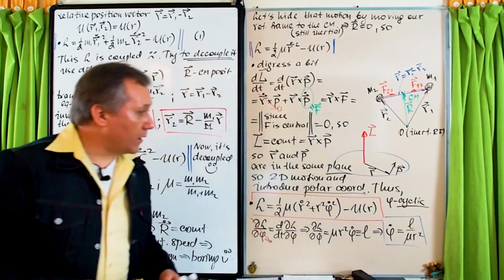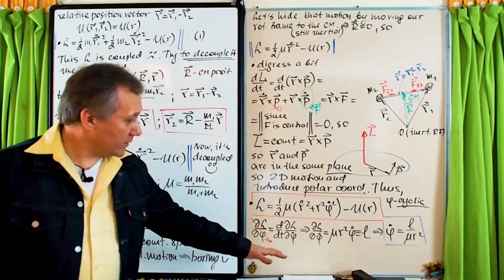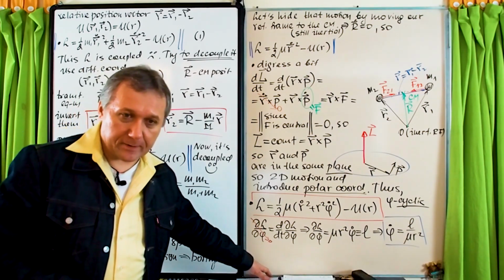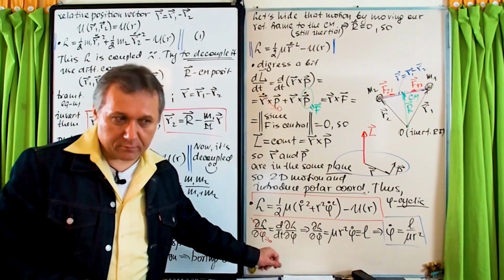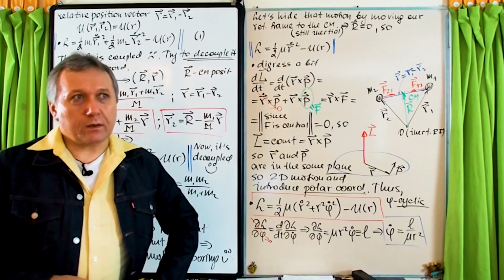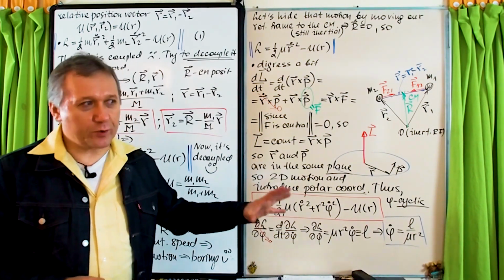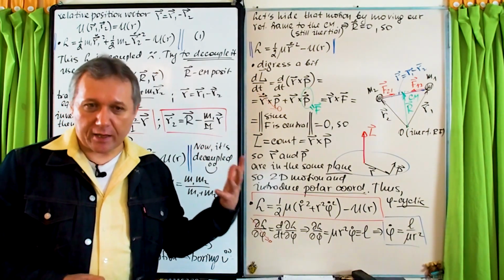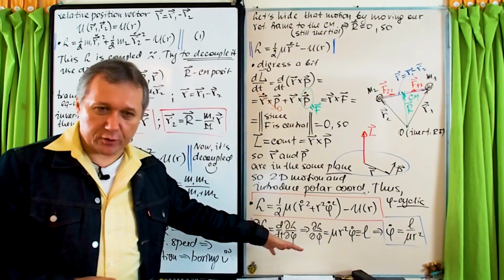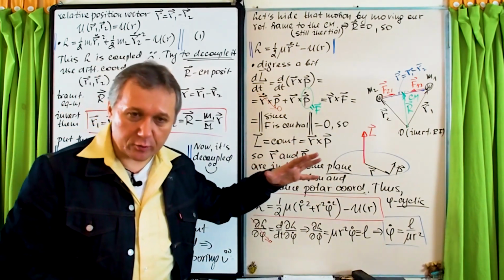Okay, so at this point we will continue next class. Next we will write the equation for r. Then we will digress a little bit. We will use that equation to look at the energy approach, and then we will get back to the r equation and actually try to solve it.